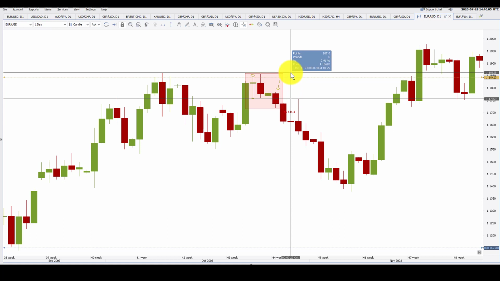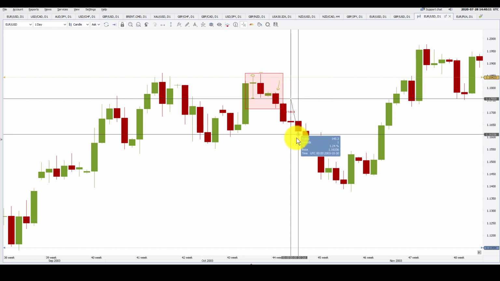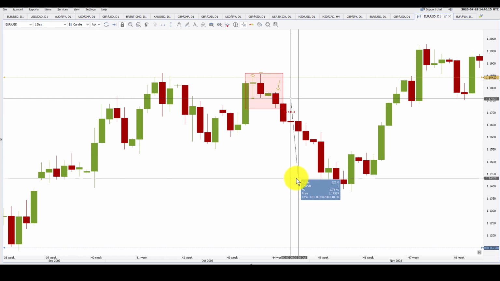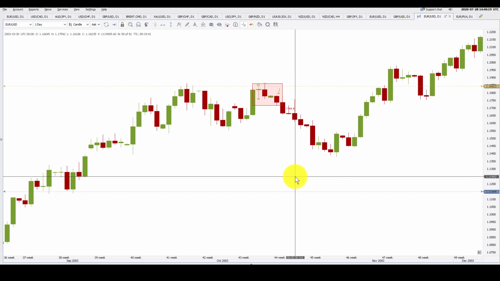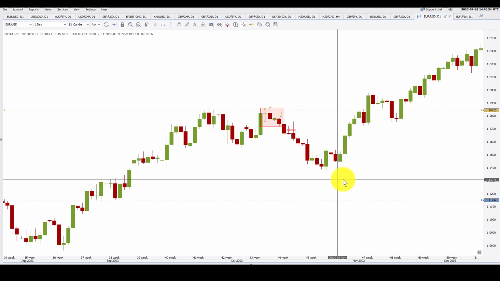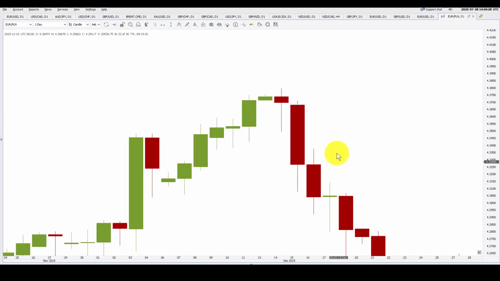We have almost 105 points as a stop loss, so we are expecting 315 points as the take profit. 315 points come somewhere like this, so it's a good 1:3 risk to reward ratio, and we are very comfortable entering this trade. So very well, you won this trade.